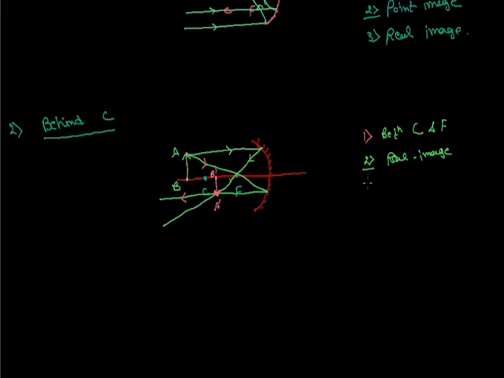Third, what type of image? This is small in size, so a small-sized image will be formed. Fourth point: the image formed is inverted.